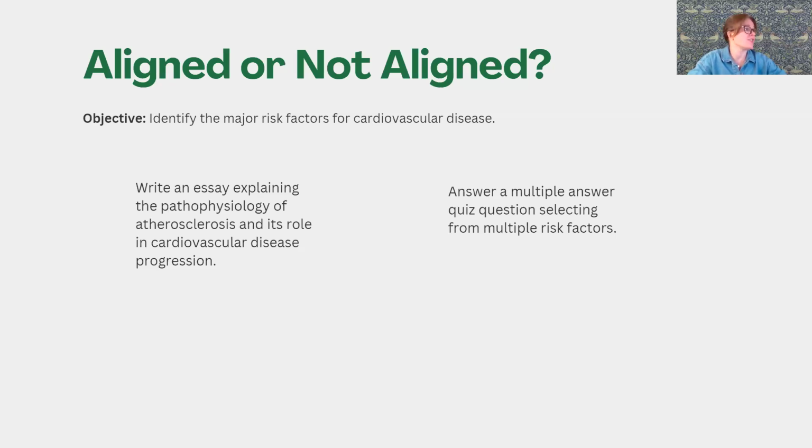One on the left states to write an essay explaining the pathophysiology of atherosclerosis and its role in cardiovascular disease progression. And the other is to answer a multiple answer quiz question selecting from multiple risk factors. Which of these, or both, or neither, is aligned with the stated objective?